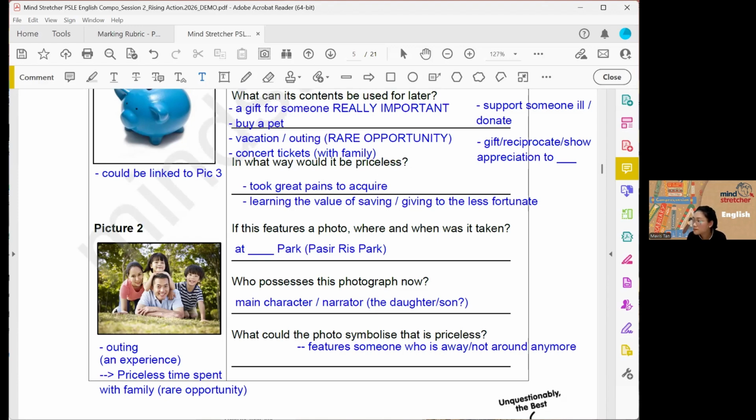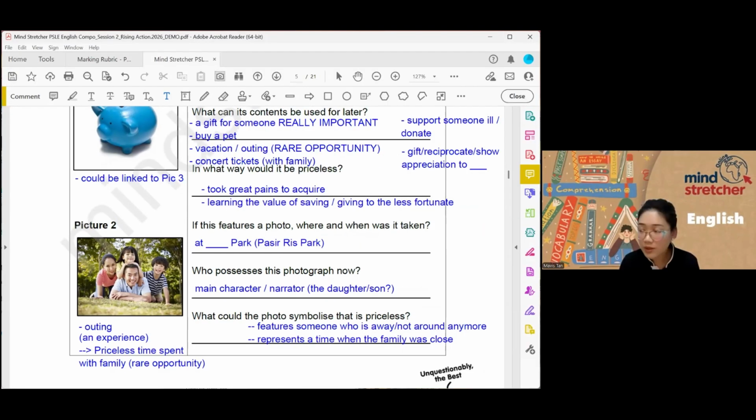Okay, possible. Could it feature perhaps, could it represent a time when the family was really close and bonded?